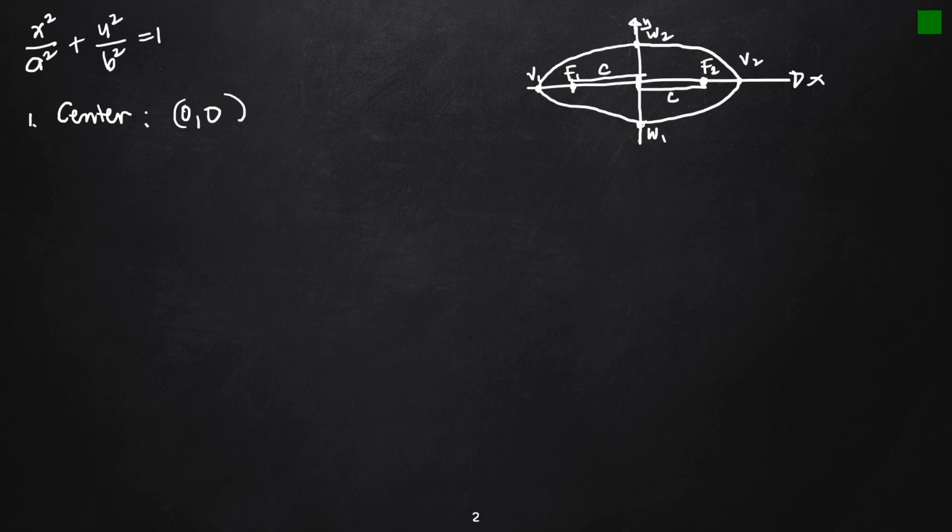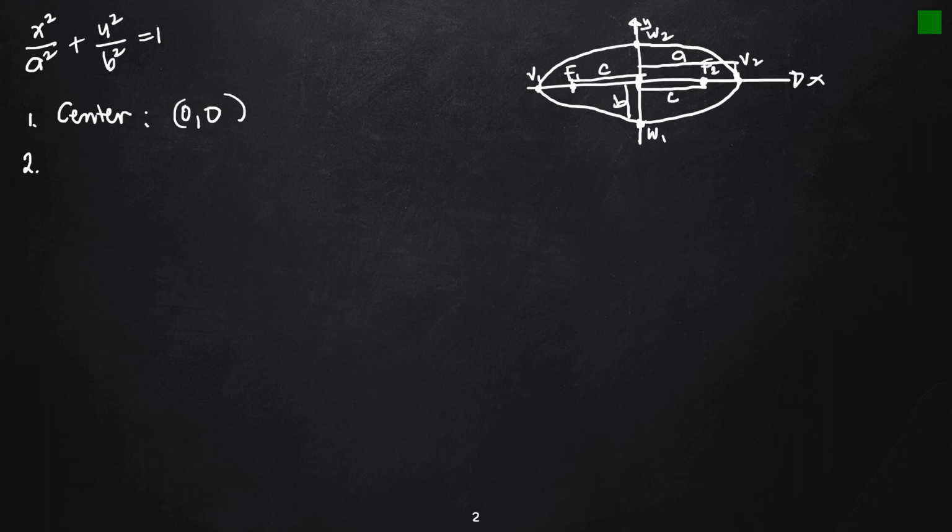This is also C. The distance from the center towards our vertex is A. And the distance from the center to w sub 1 and from the center to w sub 2 is B. So this is the figure of the equation x squared over a squared plus y squared over b squared equal to 1. Now, the center obviously of this ellipse is at 0, 0.